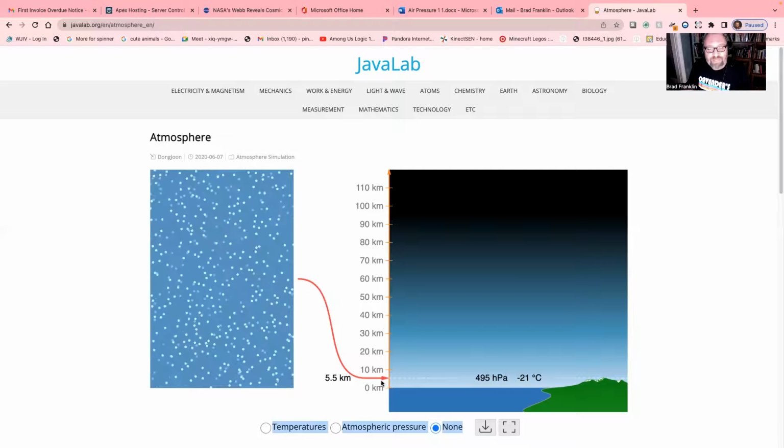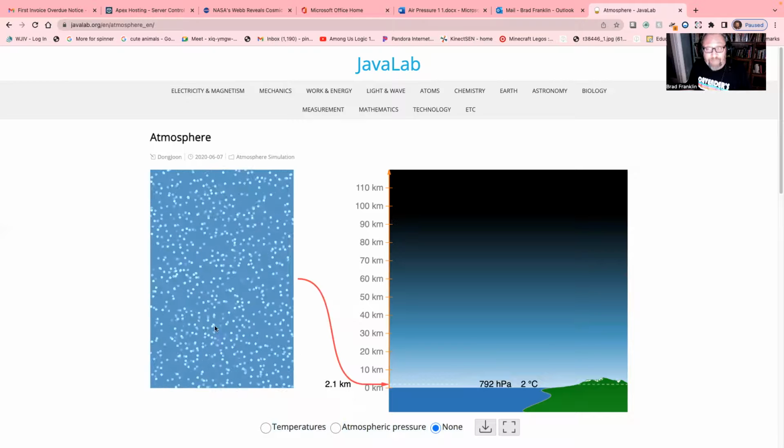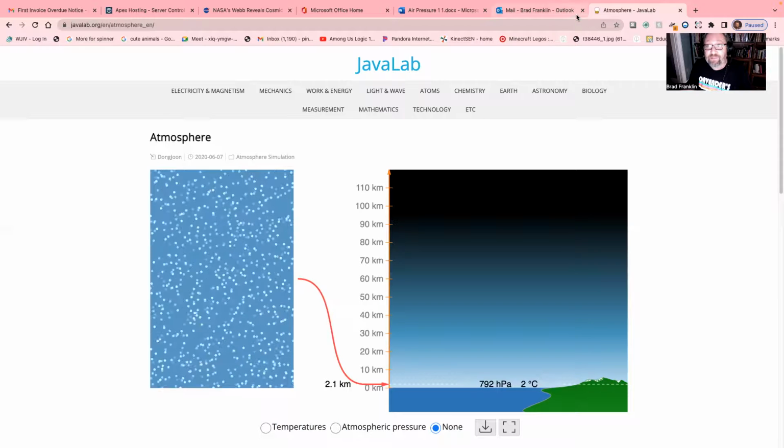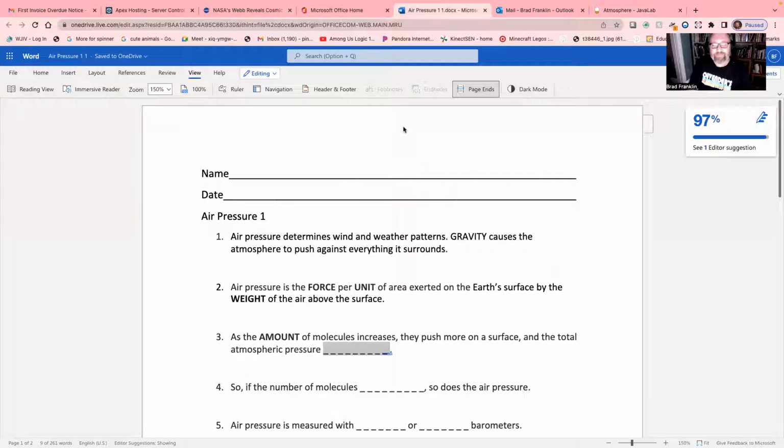So as you move down, the amount of those air molecules increases. Yeah, as the amount of molecules increases, they push more on a surface, and the total atmospheric pressure increases.